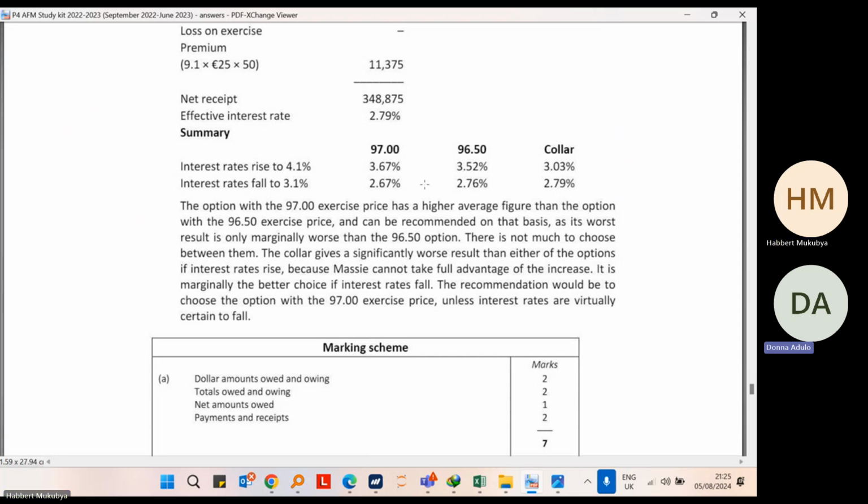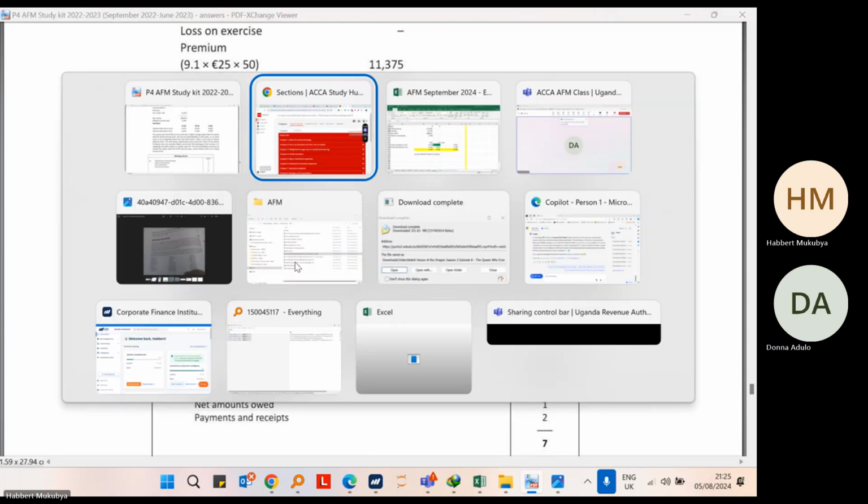Yes, you get more. Because we are going to deposit, for us what we want is higher interest. And if the question was about borrowing, then you would choose the one of the lower interest. Okay.